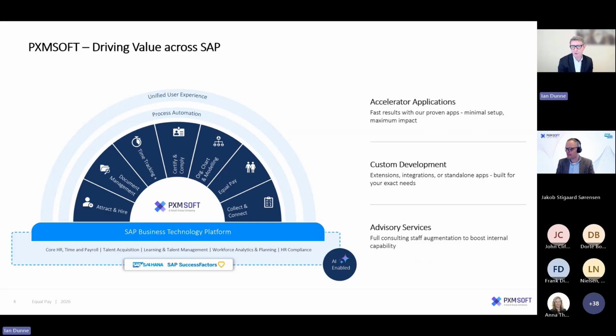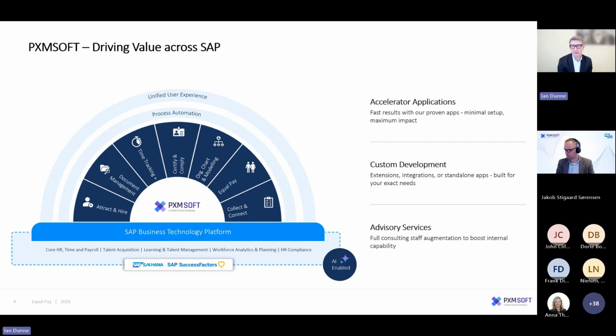We're really trying to focus on areas driven by client needs, by wider HR gaps in the market where we can accelerate the process. We're also working with clients on accelerator applications, looking at areas where we can add value, speed up the processes, or take out friction in the HR processes. The equal pay application exemplifies that today, of how we're trying to speed up, strip out, and ensure that you are compliant across the organization.